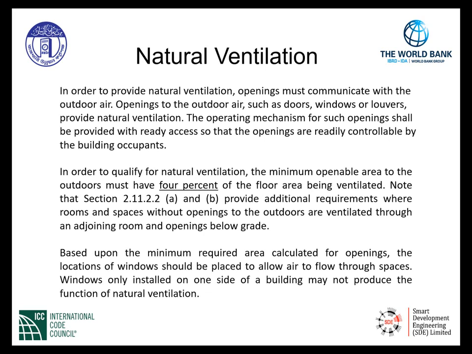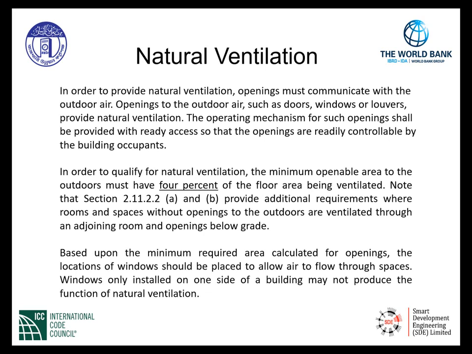So if your building is constructed where the outdoor ventilation must go through an adjoining room or maybe even openings below grade, you are directed to go to section 2.11.2.2 A and B, and there are additional requirements. In other words, the openings need to be bigger for those particular areas. But the general rule here is 4% of the floor area is needed to calculate the minimum openable area.